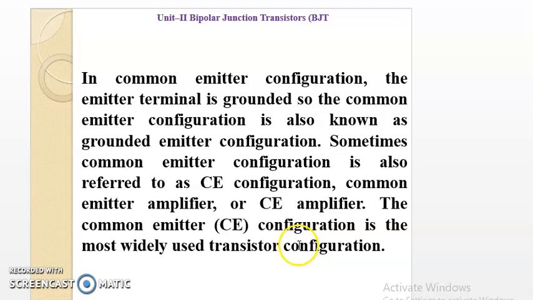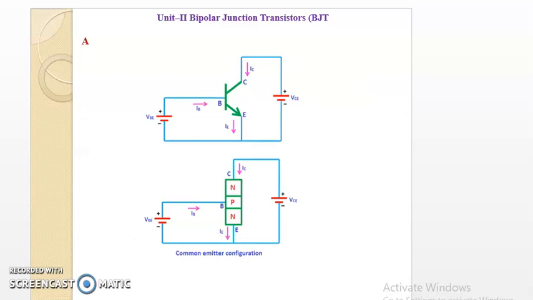The common emitter configuration is the most widely used transistor configuration, as its gain is large. Here let's see now. Emitter is common in the symbol, and here it is also shown. B is the base of the NPN transistor. Base is P, P in the sense positive, holes are there, positive connected.